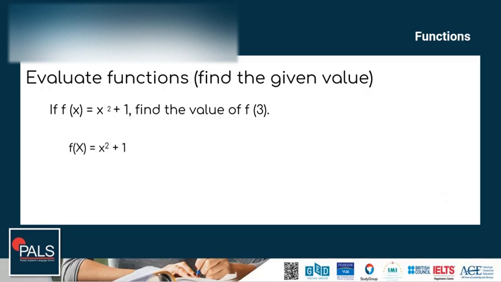So if f of x is equal to x squared plus 1, then f of 3 is equal to 3 to the power of 2 plus 1. Then simplifying, 9 plus 1 is equal to 10. So the value of the function when the input is 3 is equal to 10.